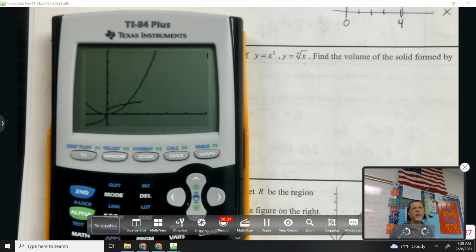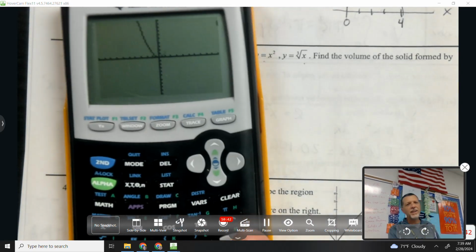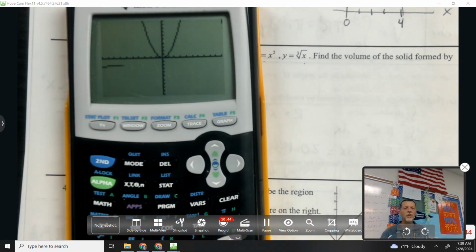There's cube root of x. I feel like I'm fortunate that my window is small enough to see that. If your window is like your normal -10 to 10, you might not even see where the little overlap is. Right? It's too jammed up in there.